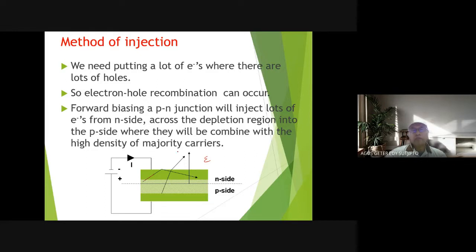So this is the principle of the emitting of light from the diode based on the PN junction with the applying of the forward bias.